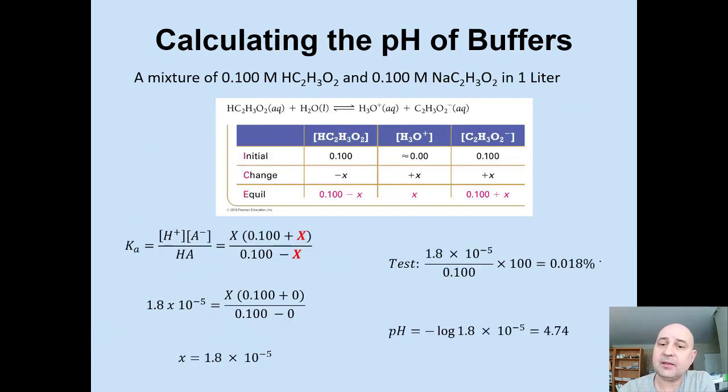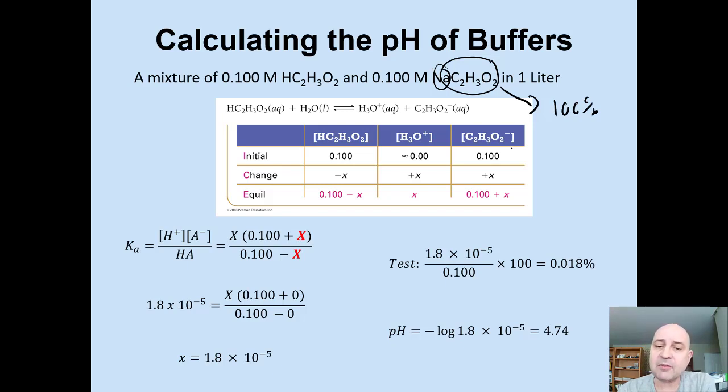Alright, so I have this clean here. Remember that if you are given a salt which contains the conjugate base, this will break apart completely. There's no equilibrium here, so we get a 100% dissociation. The sodium ions that are produced are just counter ions. They don't have any effect. They're not part of this equilibrium.